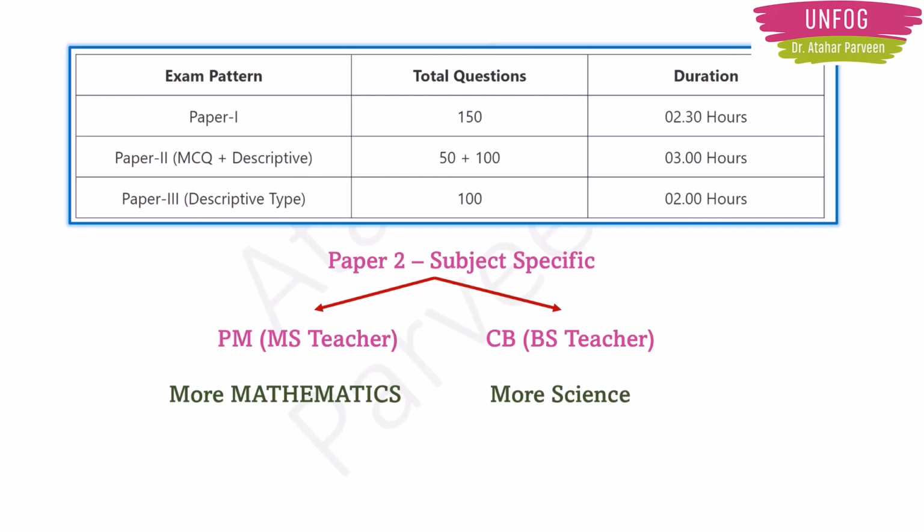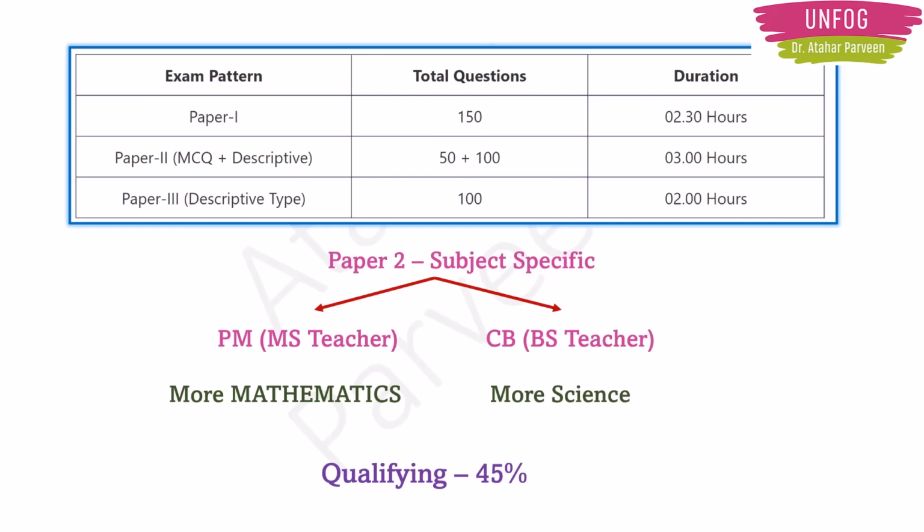Whereas in the CB method question paper, or the biology science teacher question paper, more science will be there. Maths will be there, but comparatively with the PM method it will be very less, and the questions asked will be easier compared to the mathematics science teacher question paper. Okay, now it is clear, right?